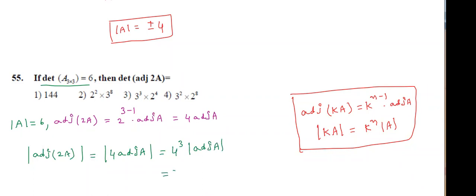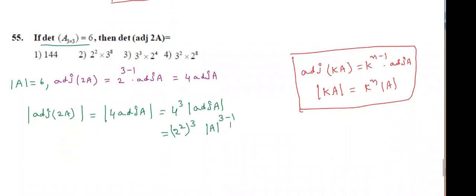4 cube means that we can write 2 square whole cube. Det of adjoint A means what is the formula? Det A whole power n minus 1, that is 3 minus 1. Next, det A value already given 6. This is 2 power 6 into 6 square. See the options, there is no 6.